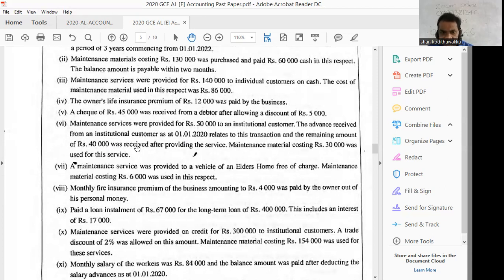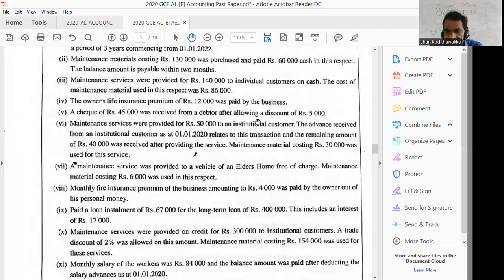A customer, institutional customer, had paid an advance of 10,000. That's why they have given you under opening balance as 10,000. The value of the service provided is advance 10,000 plus the amount received 40,000. Total was 50,000. Therefore, the value of service provided is 50,000.